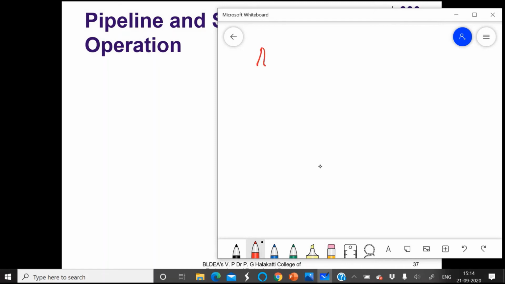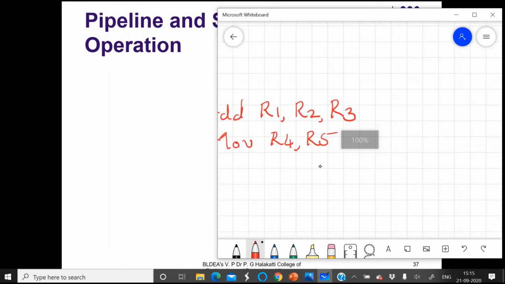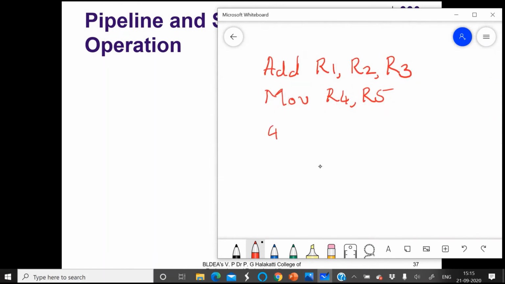Say the first instruction is add R1, R2, R3, and the next instruction is move R4, R5. Let us assume that both operations take 4 cycles each for completion.